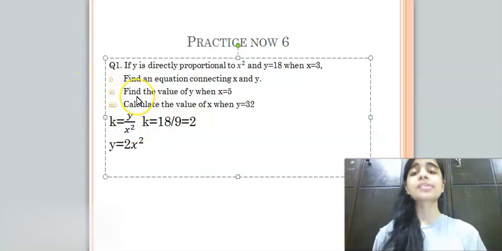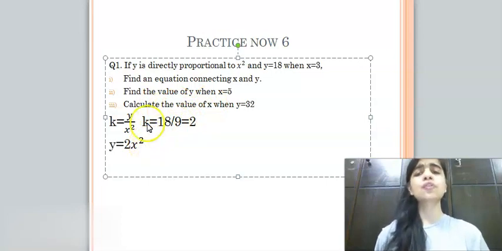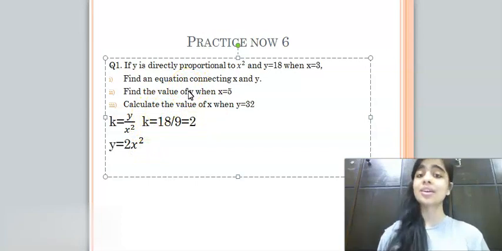The second part says find the value of y when x is equal to 5. Can you guess what we need to do to find the value of y? Yes, it is very easy. We need to substitute this value of x, that is 5, in this equation.